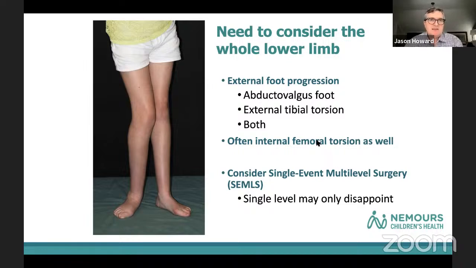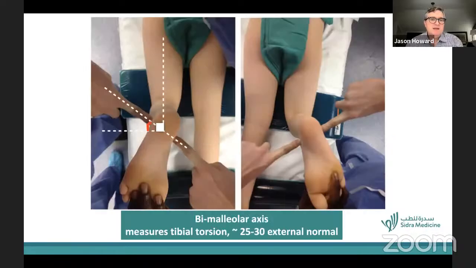So, if you can get access to a gait lab when you're trying to treat these patients, great. Even if you can't, do a good physical examination, use your phone, get a good video, and scrutinize it before you just do foot surgery alone. So you may need to consider multi-level surgery in these cases.